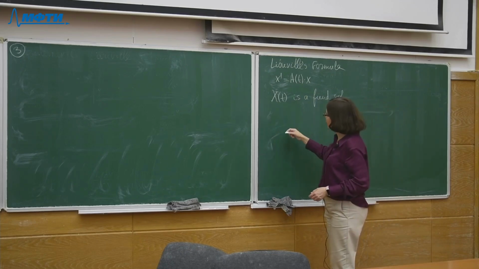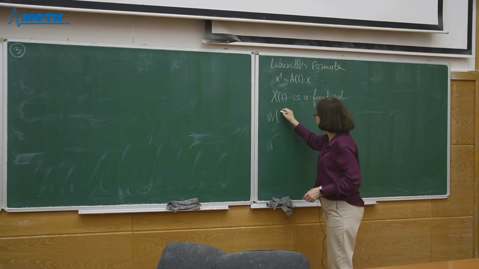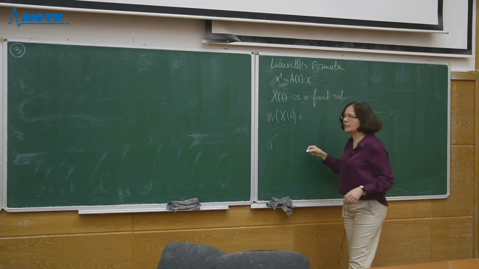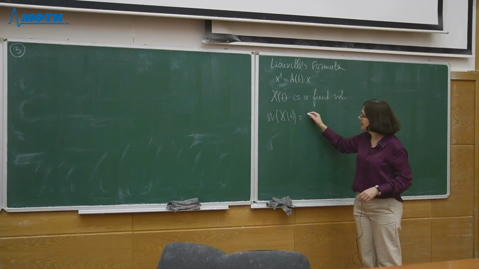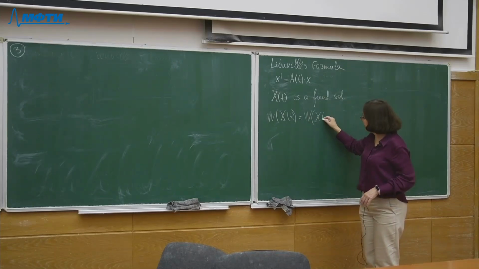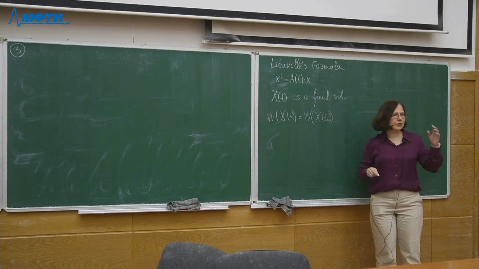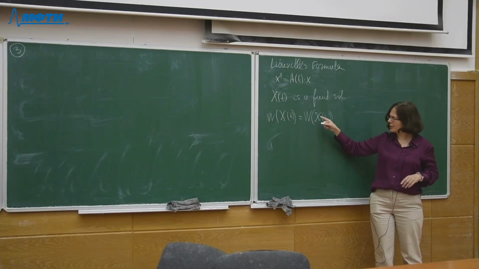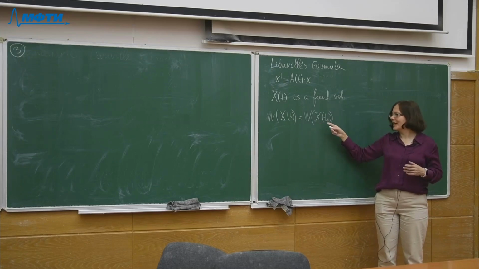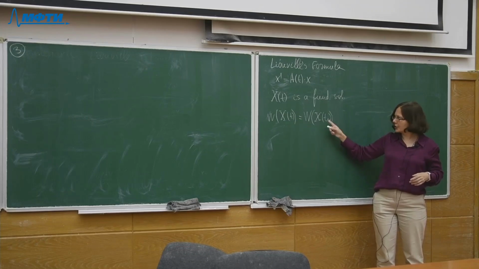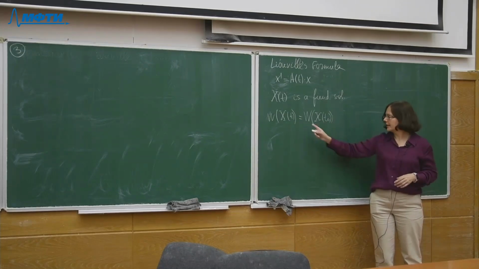And Louisville's formula tells that the Wronskian of this fundamental solution is equal to the Wronskian which is found at some value t0. So t0 is fixed. If we know this matrix, we may find the Wronskian of this fundamental solution at the time t0, right?